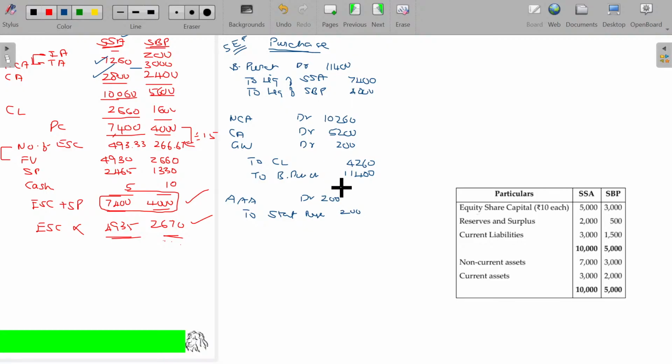Now next one is mode of settlement. Liquidator of SSA and liquidator of SBB debit to equity share capital, securities premium, to bank, or simply a part of current assets. Then this will be 11,400. 7,400 and 4,000, add up these two.